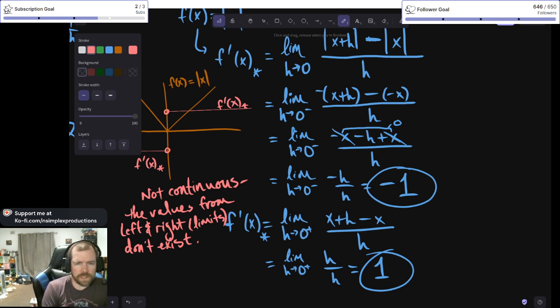Right, this says that the values from the left and right, the limits of the slope function, don't exist.